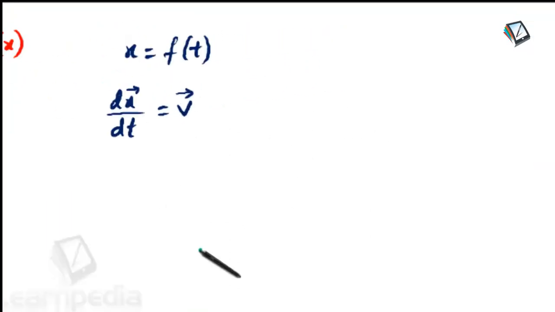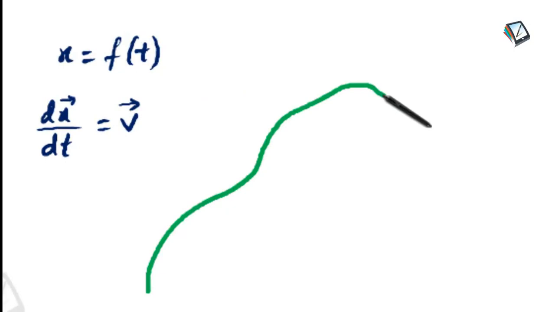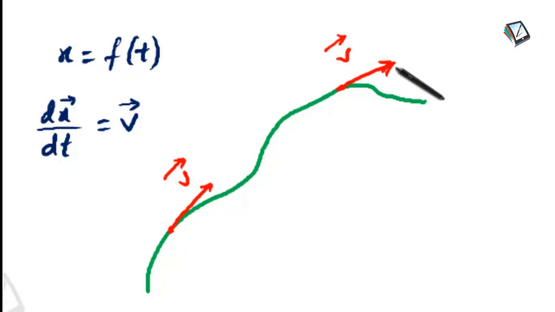In a particular path, suppose the particle is moving along this path, then at any instant of time, the instantaneous velocity of the particle is always along the tangent to the path at that point. Means when the object was crossing this location, its velocity must have been this way. Or we can say that suppose at any instant of time the particle was here, then along the tangent to the curve, this particular direction will be the direction of velocity when the particle was here.